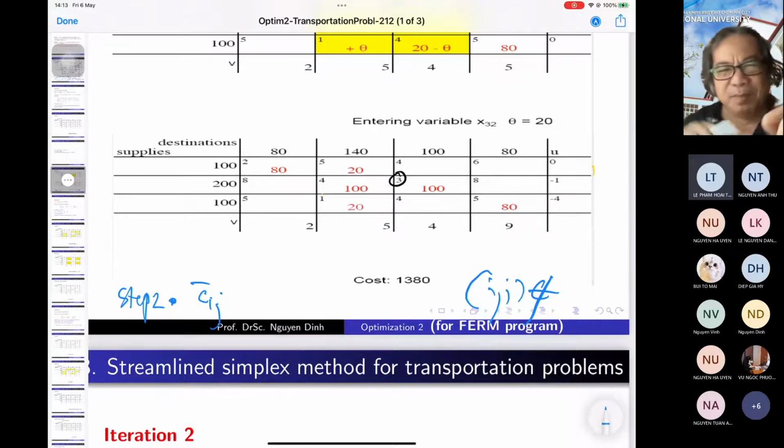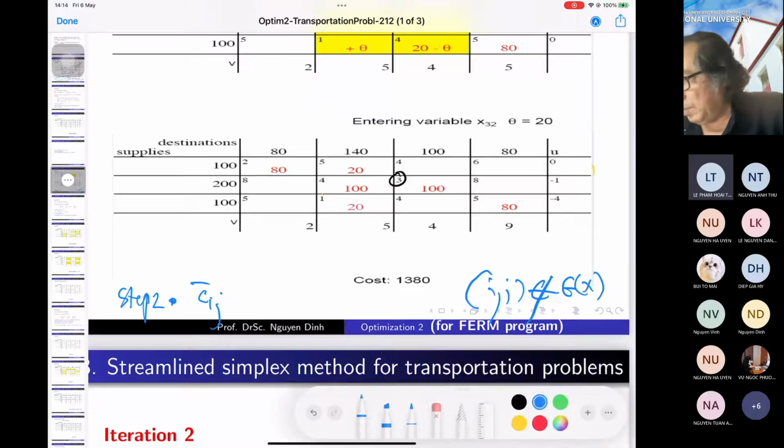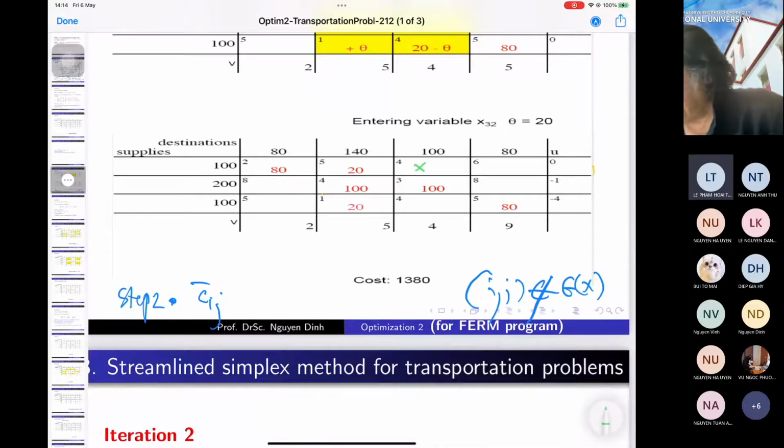And now we calculate C bar ij with ij not belonging to gx. So look at here. We calculate this, which does not belong to gx, this does not belong, this does not belong.